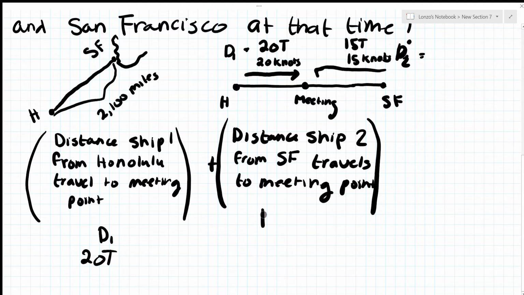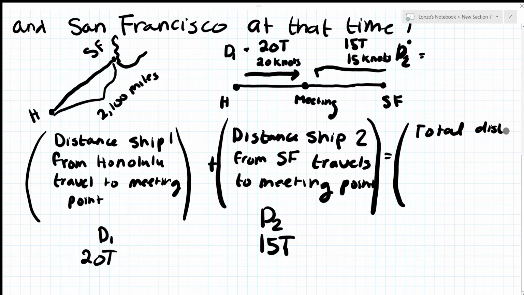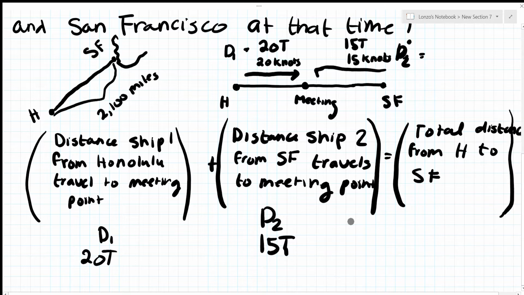So we call that D2, or 15t. And then that should equal the total distance from Honolulu to San Francisco. And that equals 2,100 miles, right? 2,100 nautical miles.